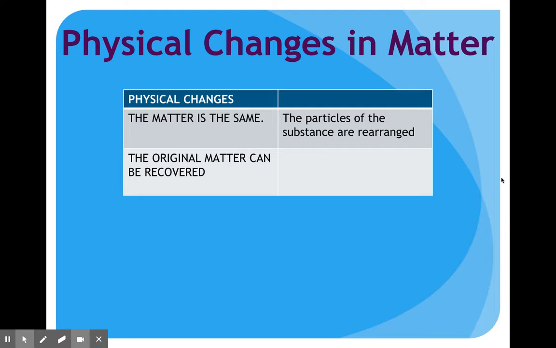With physical changes, the matter stays the same. The particles, the atoms of that substance, have not changed. And the original matter can be recovered, meaning physical changes can be undone. Chemical changes cannot be undone.